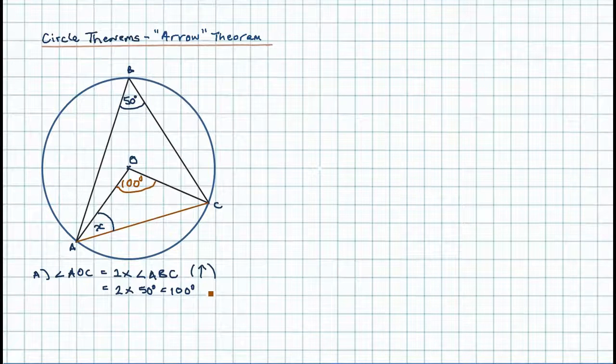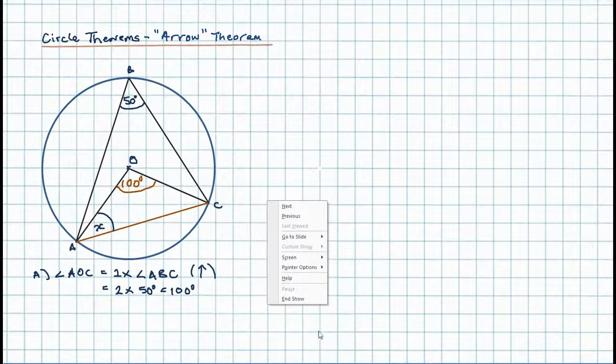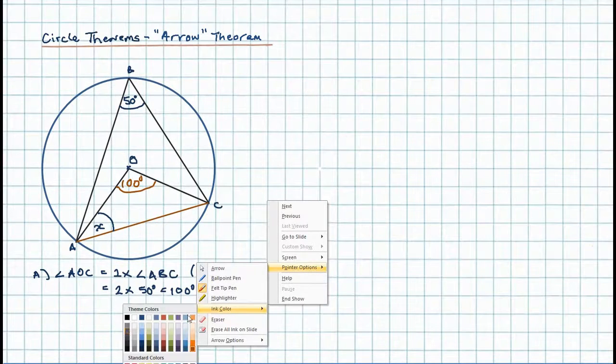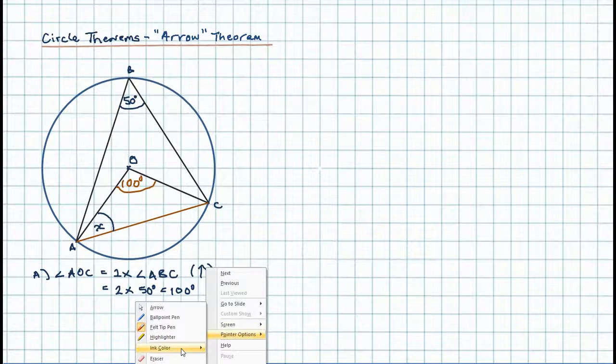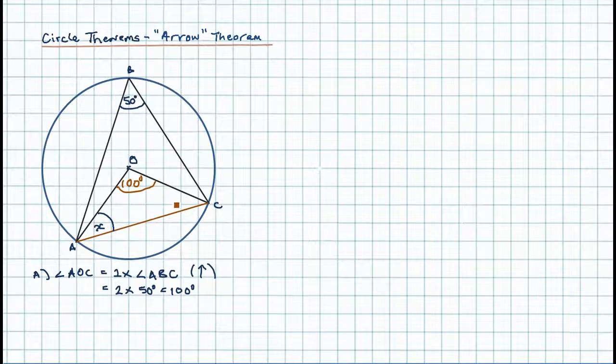Okay, and to finish the problem, we can use the isosceles triangle theorem. In other words, the two base angles of the isosceles triangle, here and here, must be equal.